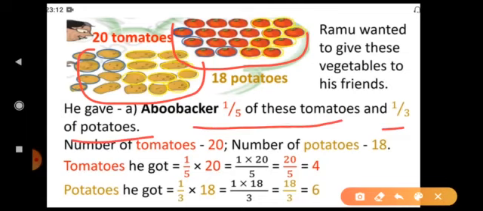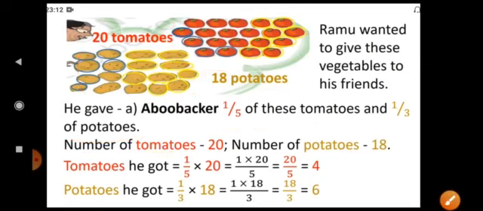Now the number of tomatoes is equal to 20, and the number of potatoes is equal to 18. Now let us find the tomatoes that Abu Bakr got. That is 1/5 of 20, because the total number of tomatoes is 20.